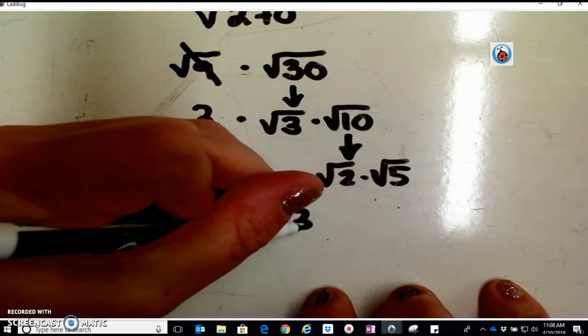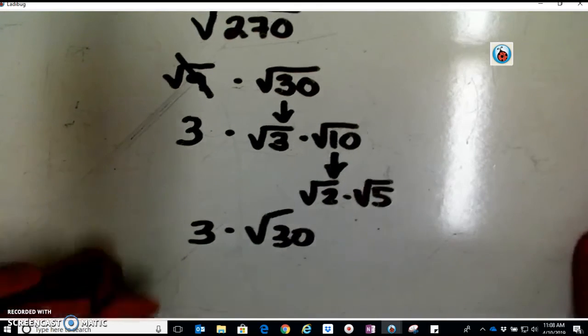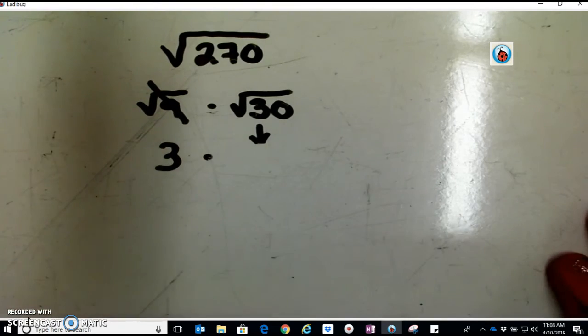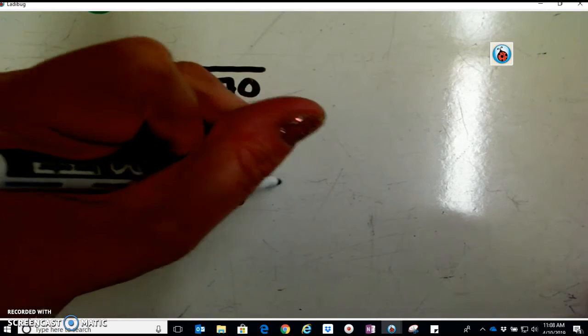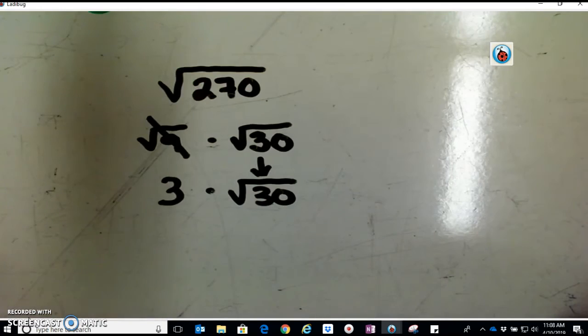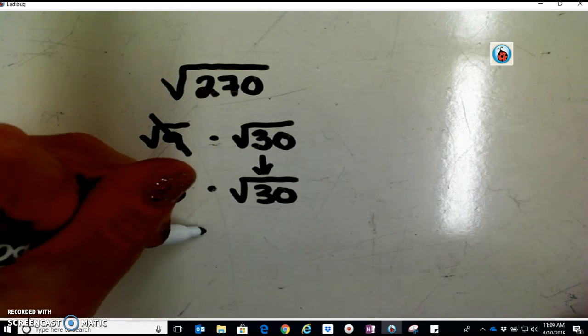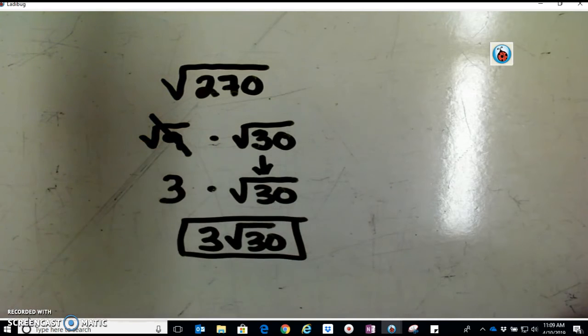That just takes me back to the original problem, which was 3 radical 30. Okay? So with this hunt for the perfect square, you're kind of merging the prime factorization twin method and the hunt. Okay, so 30 couldn't be simplified any further. So our final answer is 3 radical 30 or 3 root 30.